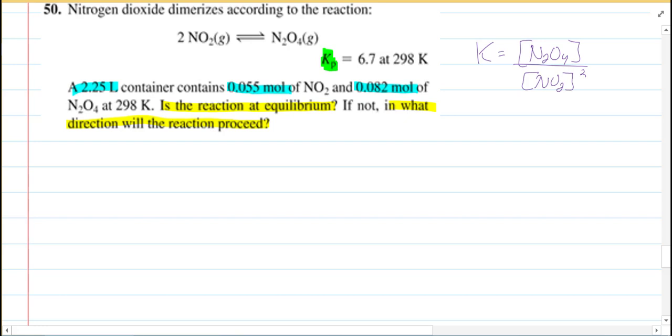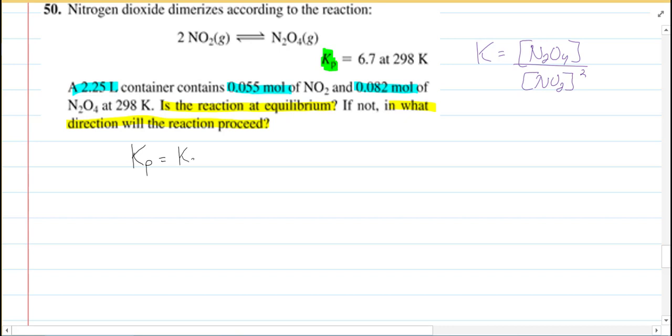So the question is, do you want to convert your moles of each of those reactants to atmospheres, which you can do using the ideal gas law? Or do you want to change Kp to Kc? Well, since I'm assuming you already know how to do the ideal gas law, we'll do Kp into Kc.